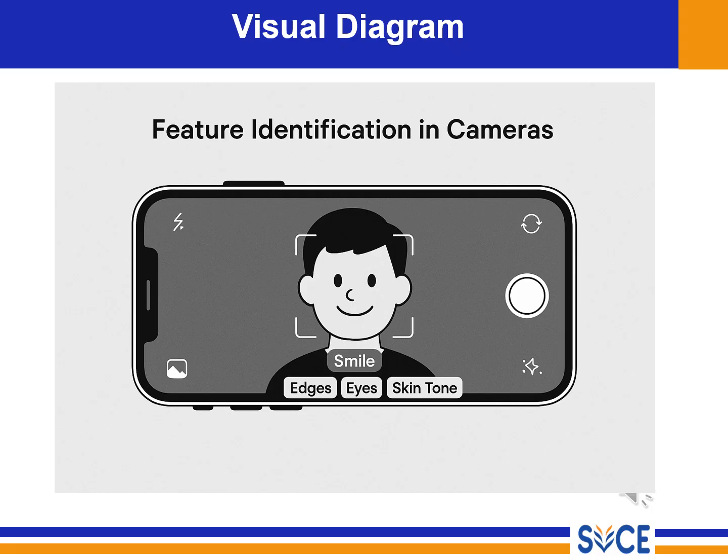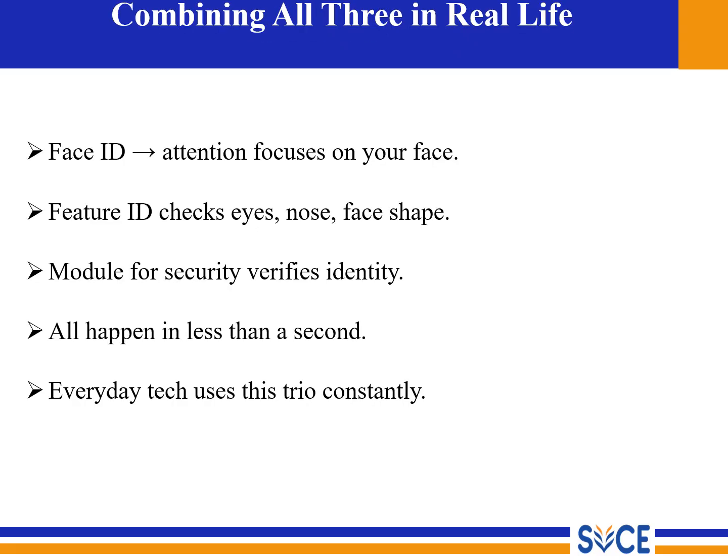So, a visual diagram for feature identification in cameras. Now, combining AI concepts: Face ID is a perfect example, where attention, feature identification and modularity work together.